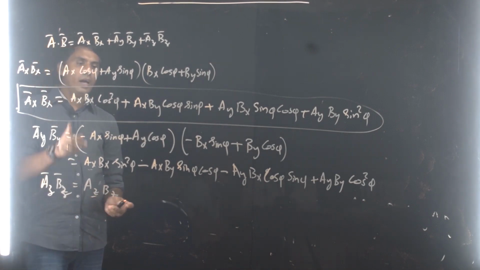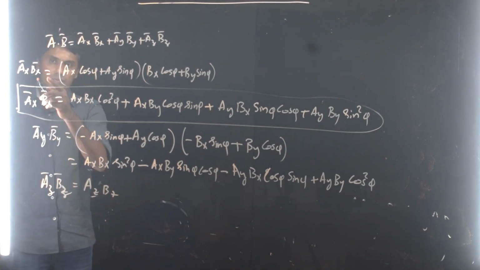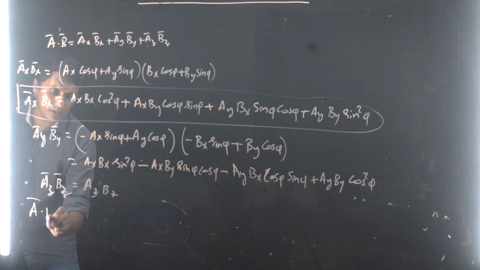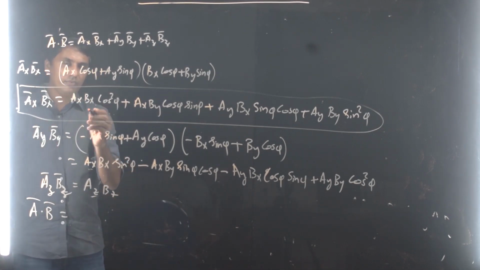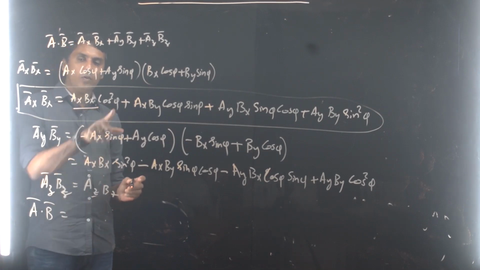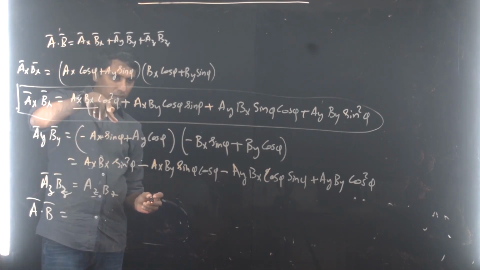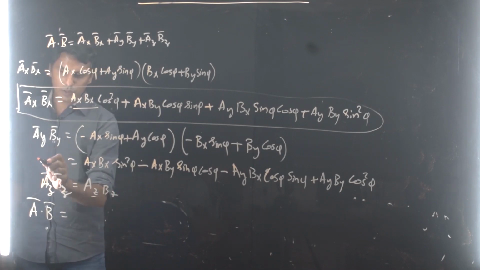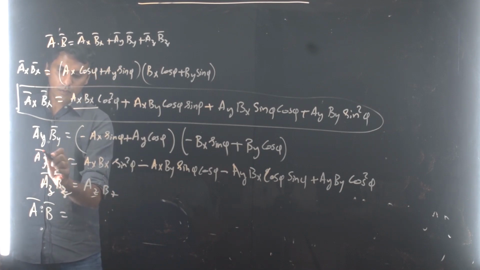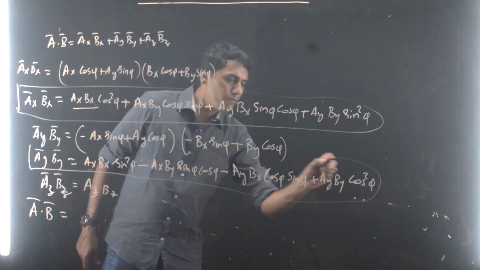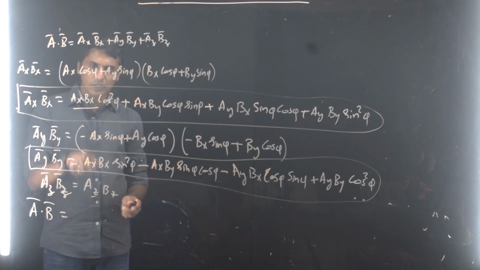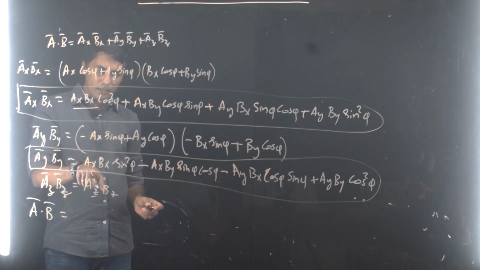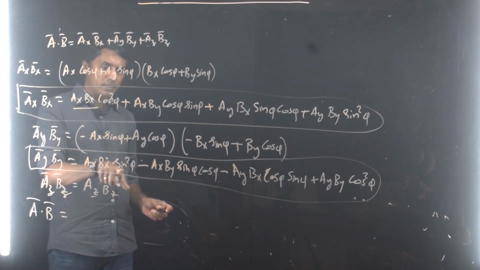So if you add all the sum together, that means A bar dot B bar, you will have an Ax Bx cos square phi here, and similarly an Ax Bx sin square phi.